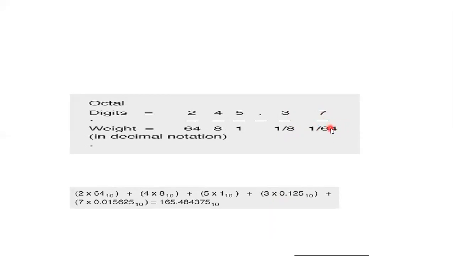That is 7 by 64. So 1 by 64 is 0.015625, which is multiplied with 7, right? Then this one here is wrong, not the right one. That is 64 plus 8, 72 plus 1, 73.